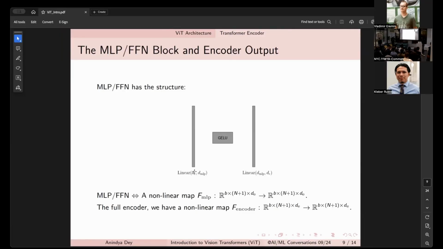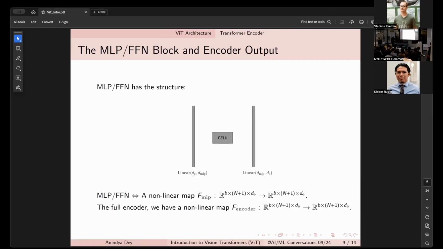Note that the linear function's input dimension is D_E, the same as before. Then there's an internal dimension D_MLP, which is again a hyperparameter that you can fix. And then the final linear layer maps it from dimension D_MLP back to dimension D_E.